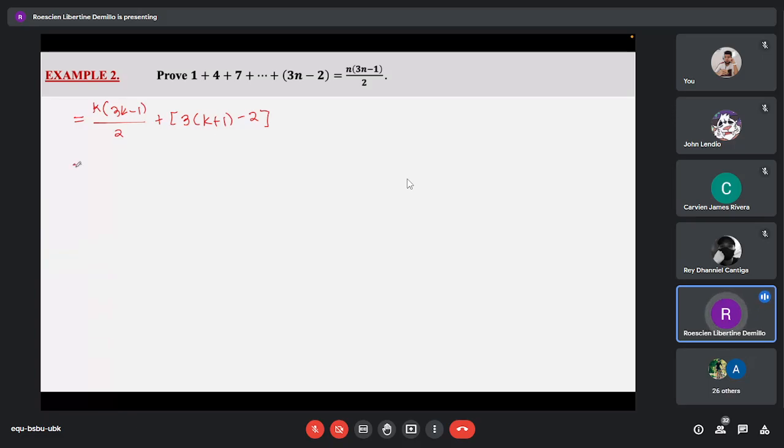K times 3k is 3k squared. K times negative 1 is negative k over 2. Now, in order to have the same denominator, class, we have to multiply this with 2 over 2. So, this becomes 2 times 3 times k plus 1 minus 2 over 2.